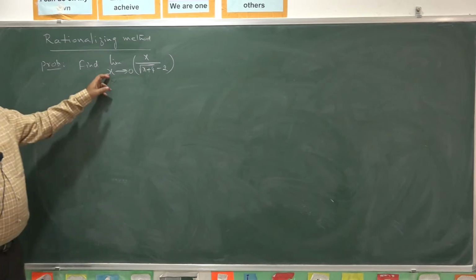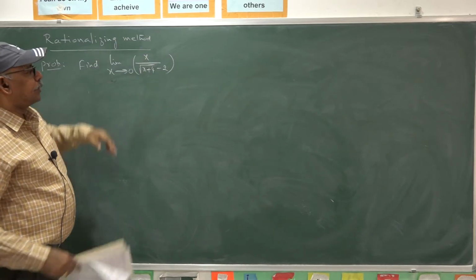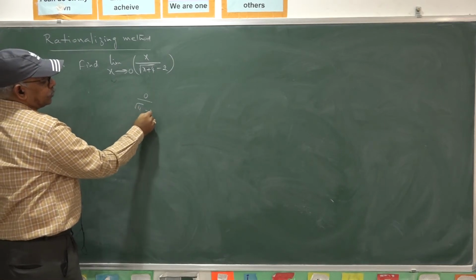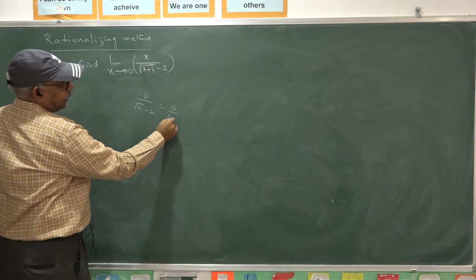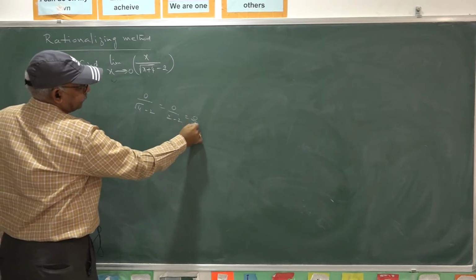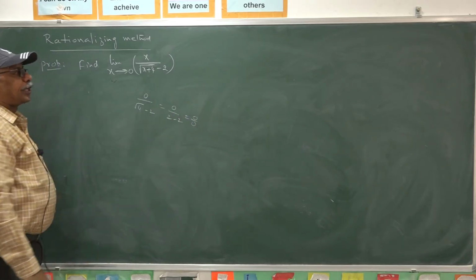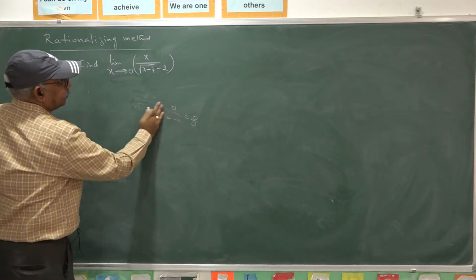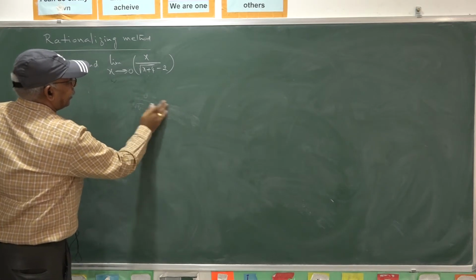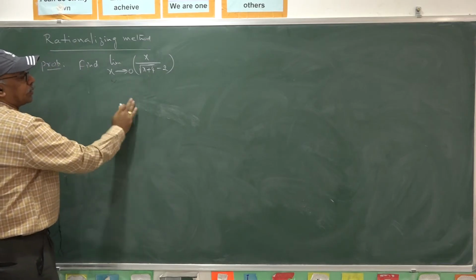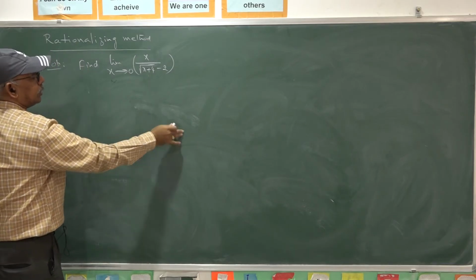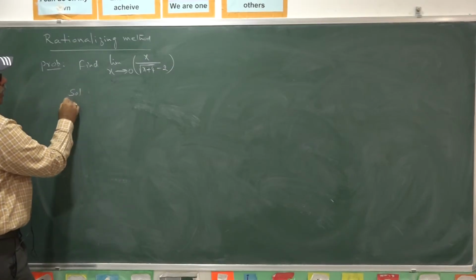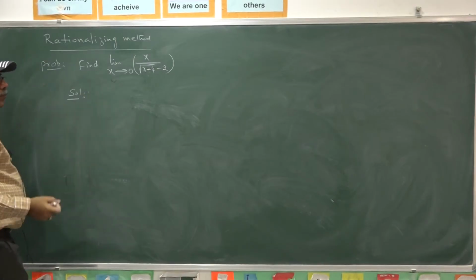Once you put x equal to 0 in this limit, you get 0 by root 4 minus 2, which is 0 by 2 minus 2, that is 0 by 0, which is an indeterminate form. So, to avoid this indeterminate form, try to rationalize the denominator here, because that is the irrational part. That is the procedure here.